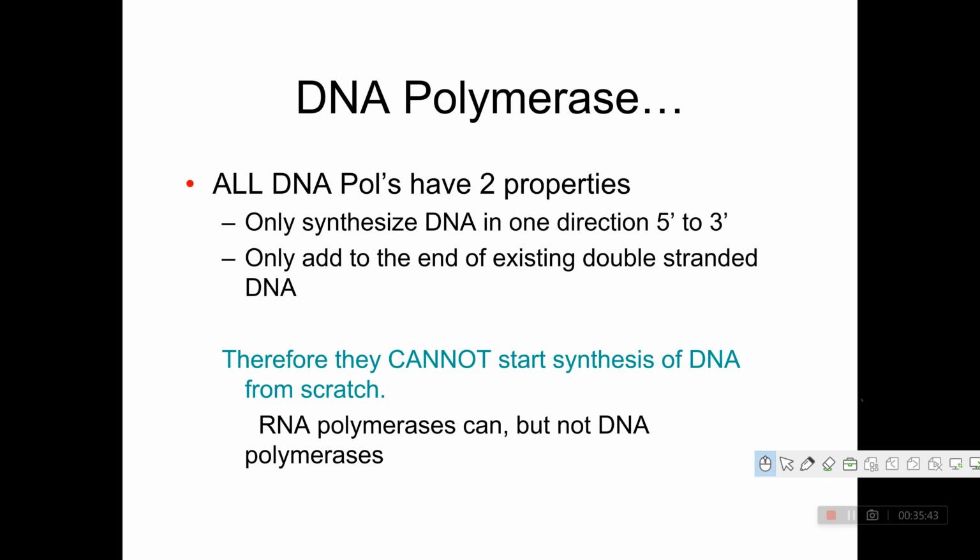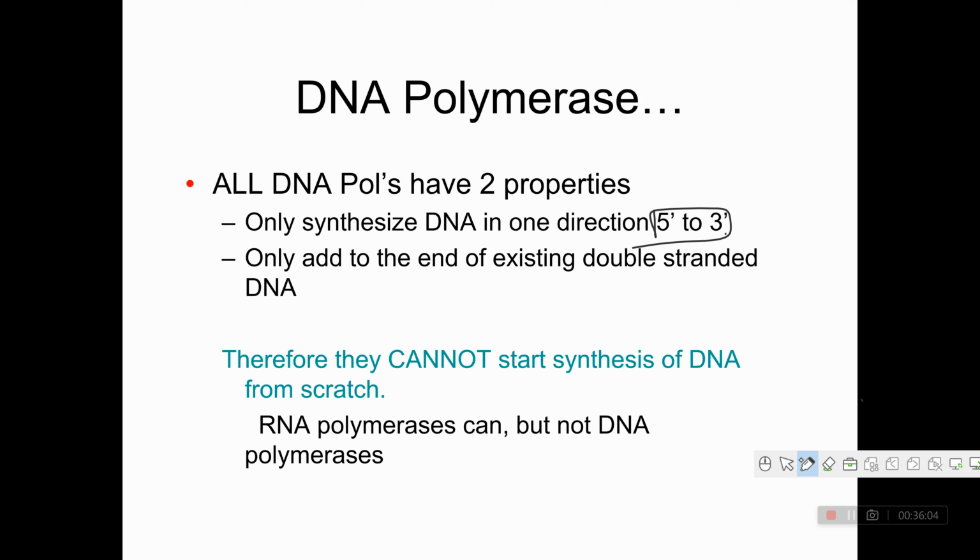So all DNA pols have two properties. They synthesize DNA in one direction, already I told you, that direction is 5 prime to 3 prime, and they only add to the end of existing double stranded DNA. They cannot start synthesis of DNA from scratch.